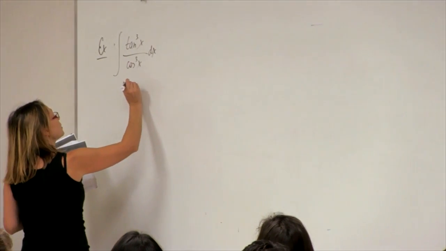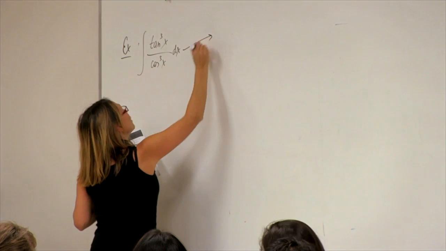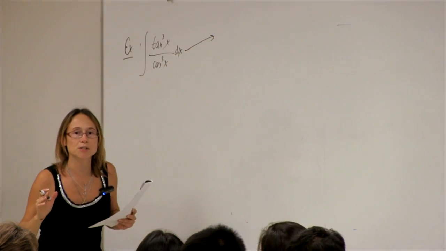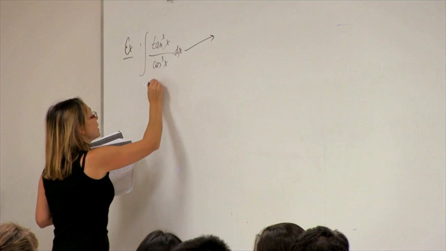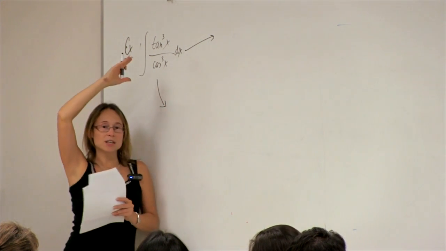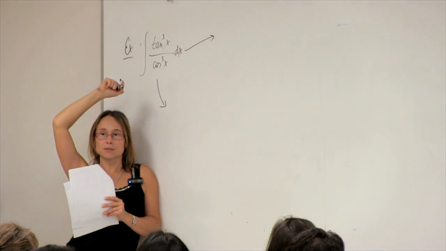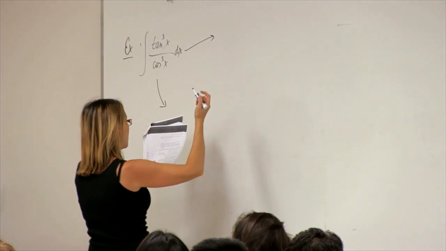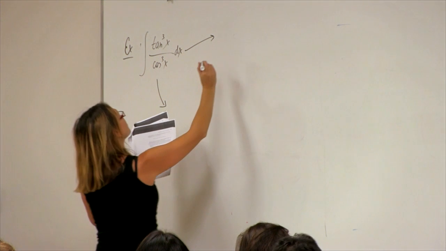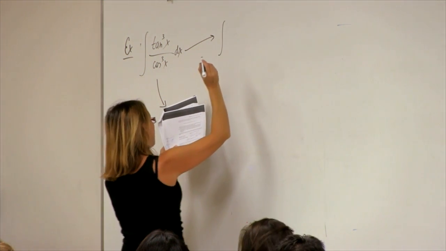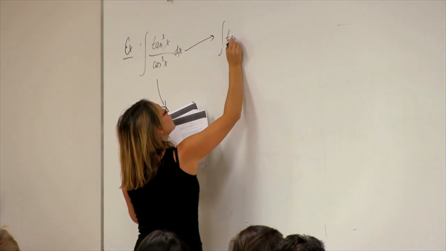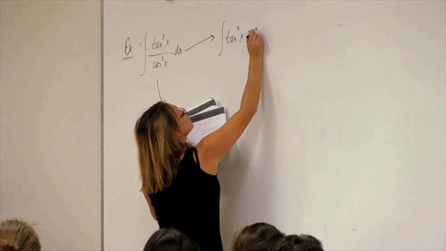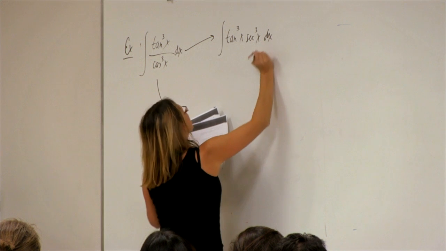On the one hand, we can write the whole thing in terms of sines and cosines. On the other hand, we can rewrite the whole thing in terms of tangents and secants, right? Both give you a valid method. So on the one hand, this is tangent cubed x secant x dx.